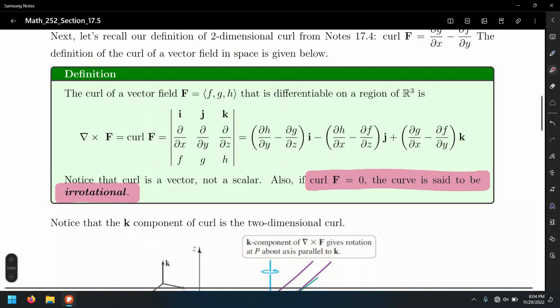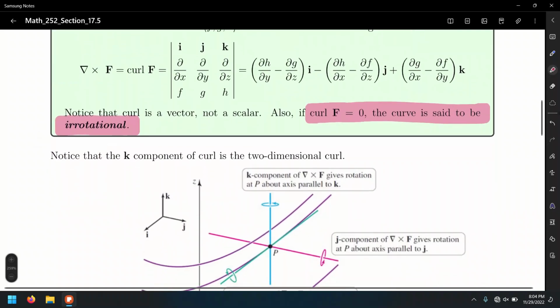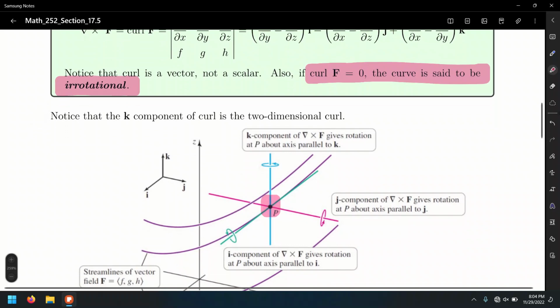Now, all this, i, j, and k, so we have a particle right here. Essentially, what this curl is measuring is, the i component of the curl is giving us the rotation about the axis parallel to i, while the j component is giving us the rotation parallel to the direction of j, and similarly for the k component, that's giving us the rotation parallel to the k unit vector, right?